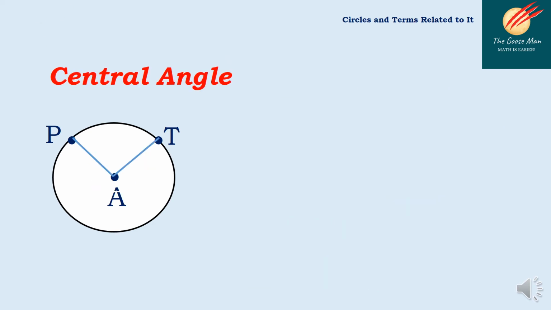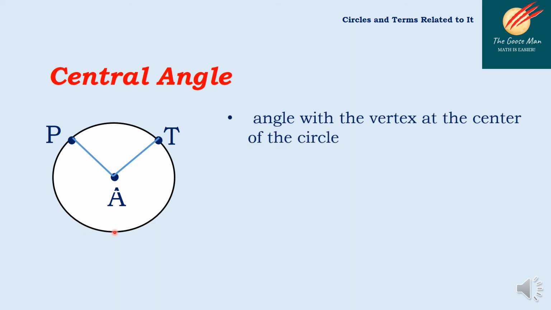The next term that we will discuss is the central angle. It is an angle with a vertex at the center of the circle. We have here angle PAT, such that the vertex is lying on the center A. So we can say that angle PAT is the central angle.